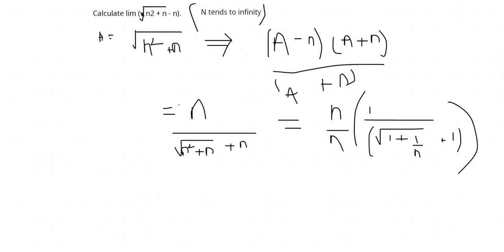Now 1 by n tends to 0 as n tends to infinity, which gives us 1/2. That is our second problem.